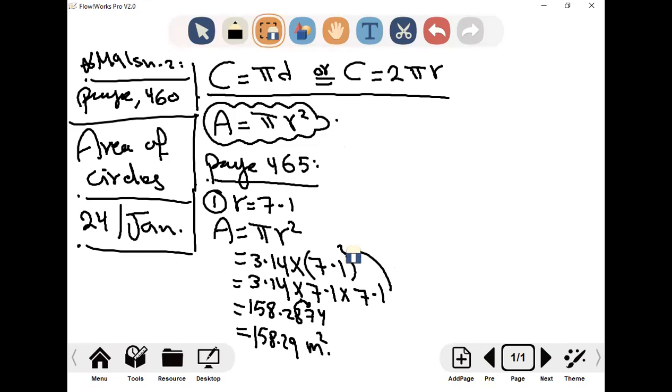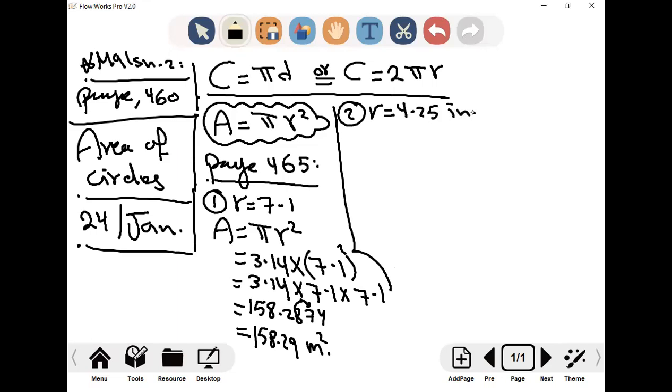Question 2, we have to find the area of the circle. Use 3.14 for pi, round to the nearest hundredth if necessary. The radius here is how much, Adnan? The radius here is 4.25 what?